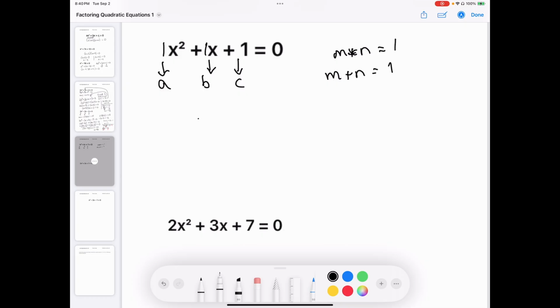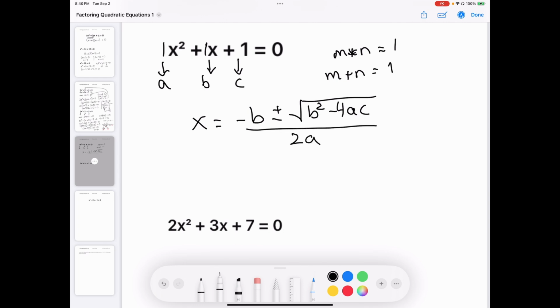So if you recall, you have x equals -b plus or minus the square root of b squared minus 4 times a times c, divided by 2 times a. If I plug in the values, I'm left with -1 plus or minus the square root of b squared, which is just 1, 1 squared is 1, minus 4 times a, which is 1, times c, that's 1, divided by 2 times 1.